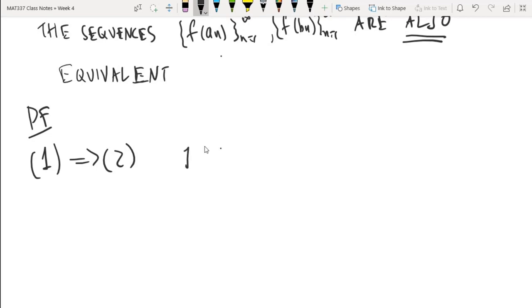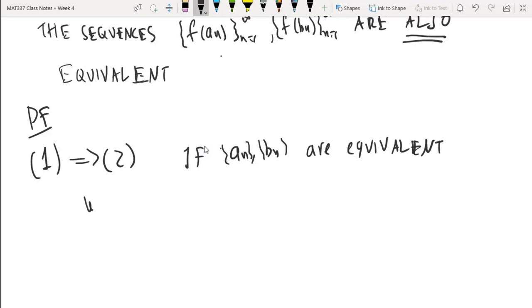So that means if an, bn are equivalent, we want to show f of an, f of bn are also equivalent.